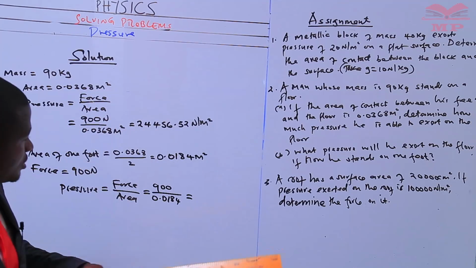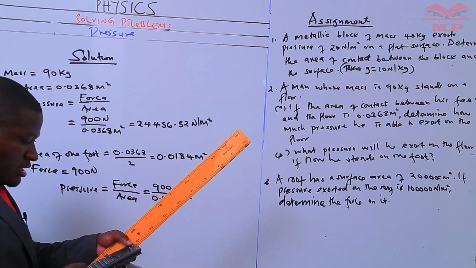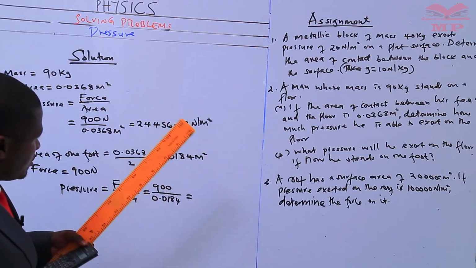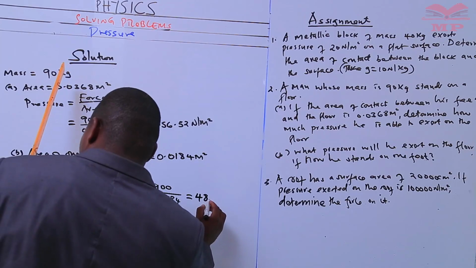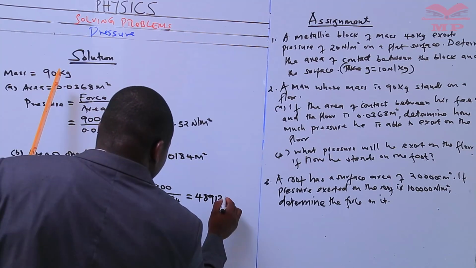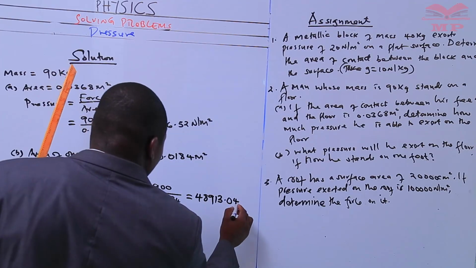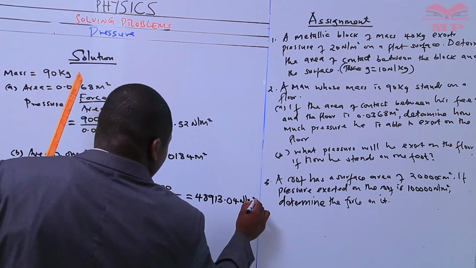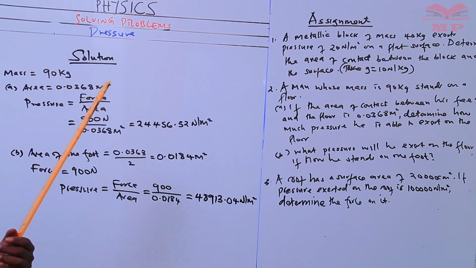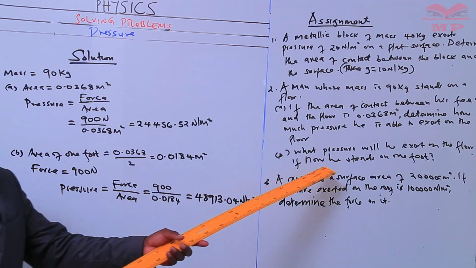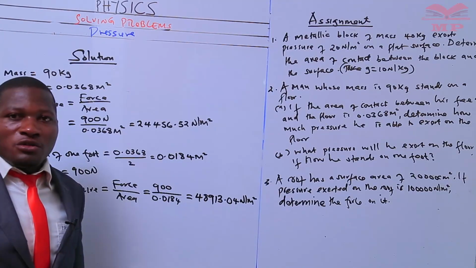So you can use that, 900 divided by the answer. So it gives us 48,913.04 Newton per meter squared. This is the pressure that can be exerted by 1 foot on the floor.